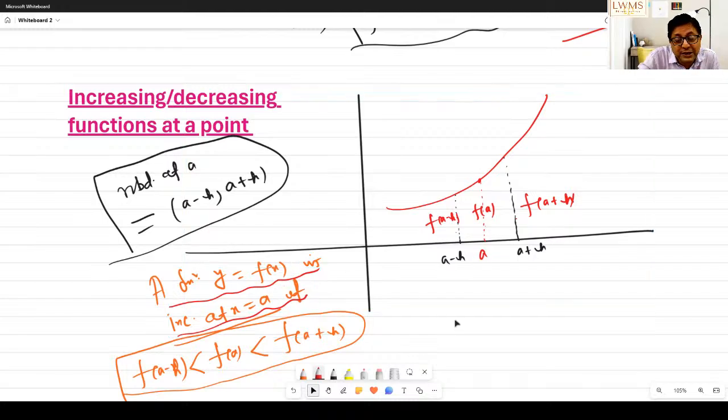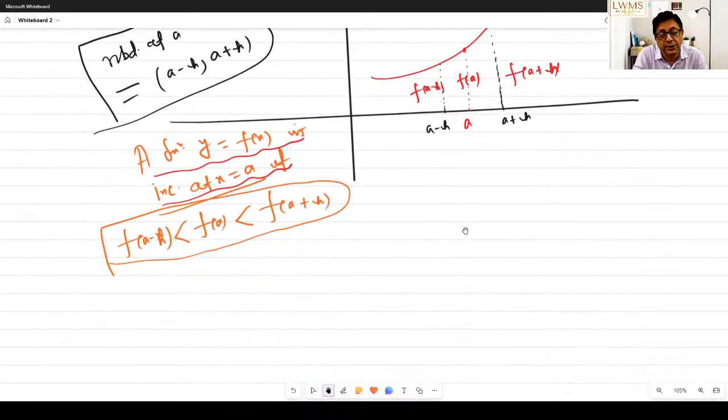What will happen for a decreasing function at a point? Again the same manner. We proceed for an MD function, a monotonically decreasing function.